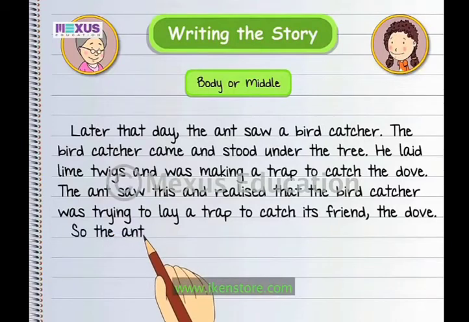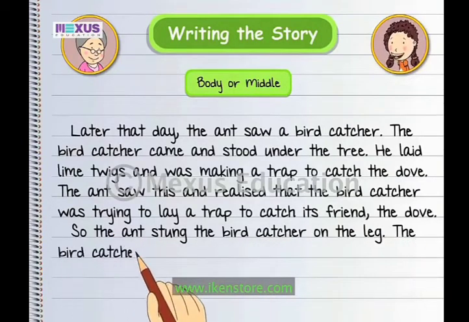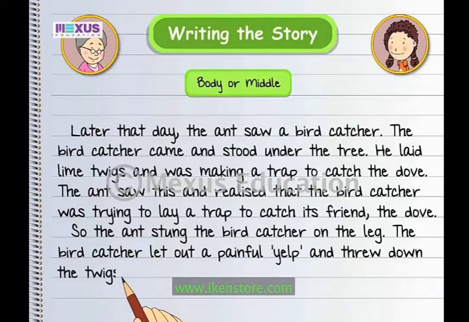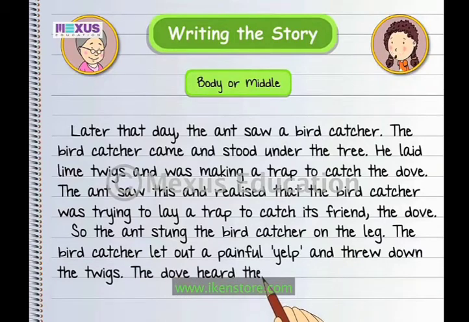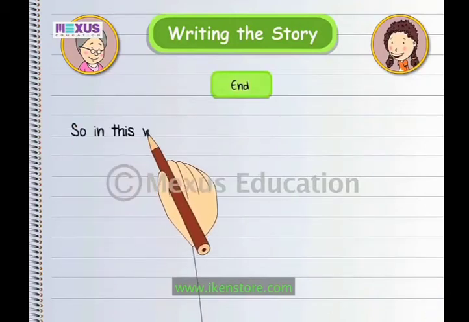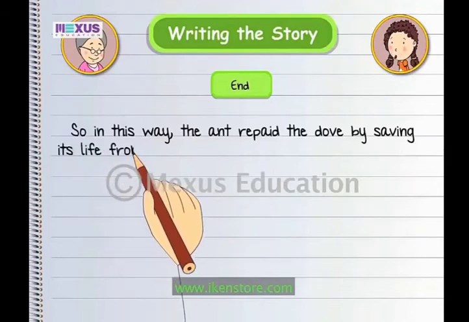So the ant stung the bird catcher on the leg. The bird catcher let out a painful yelp and threw down the twigs. The dove heard the noise and flew away. So in this way, the ant repaid the dove by saving its life from danger.